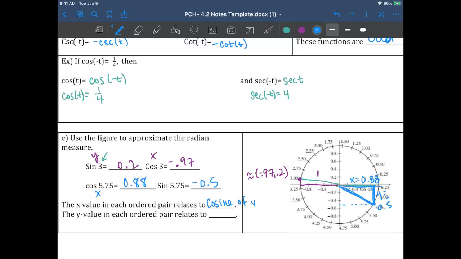And the y value relates to the sine of your angle. The sine ratio, cosine ratio. That was really long, so I'm going to split this up over 2 days.